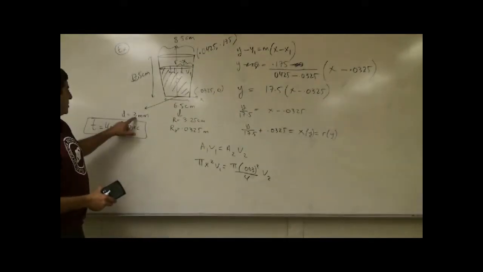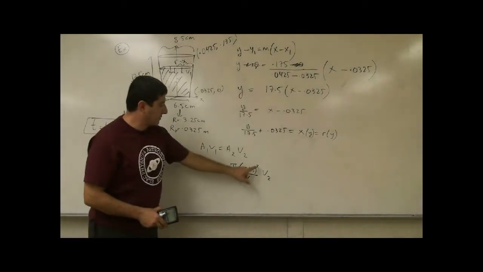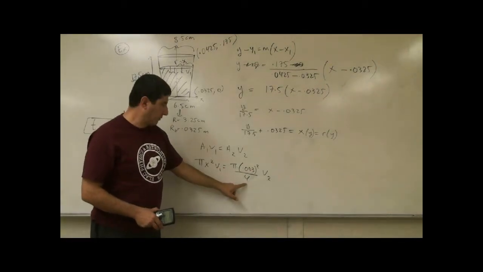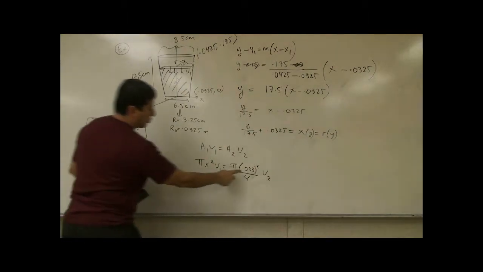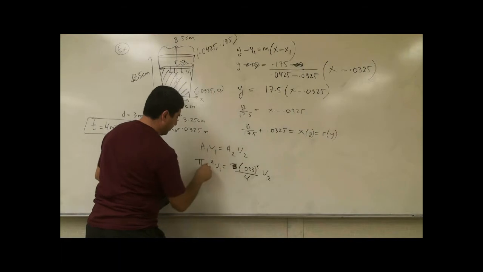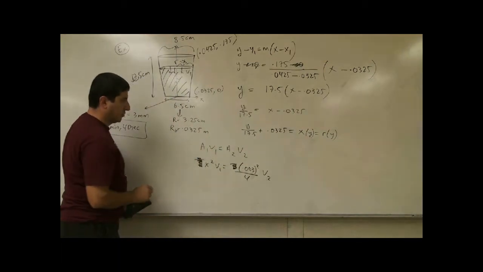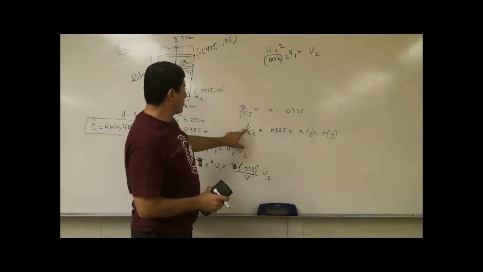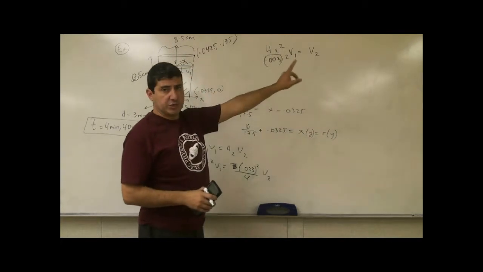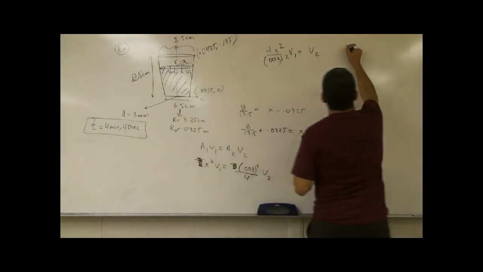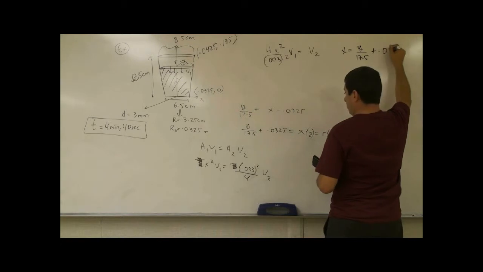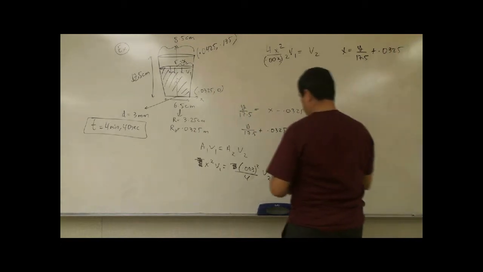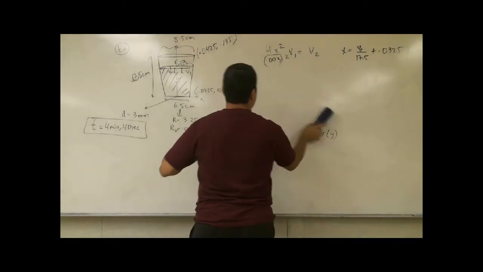Since this is the diameter, I'm doing diameter squared, and then dividing it by 4. And then this is going to be, convert to meters, 0.003. So now pi cancels pi. And what do we get here? There. Okay, let's write this equation on the side because we're eventually going to need it. We're going to have x is equal to y over 17.5 plus 0.0325. Okay, so let's erase this.